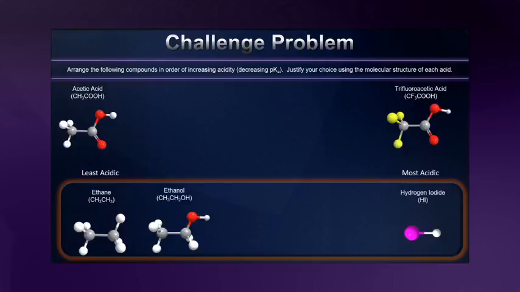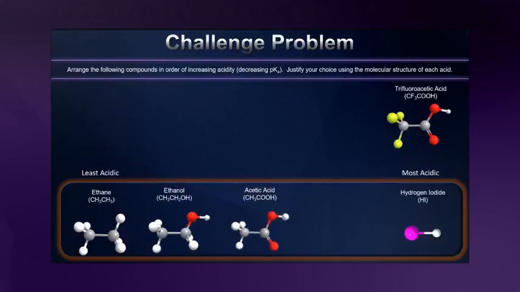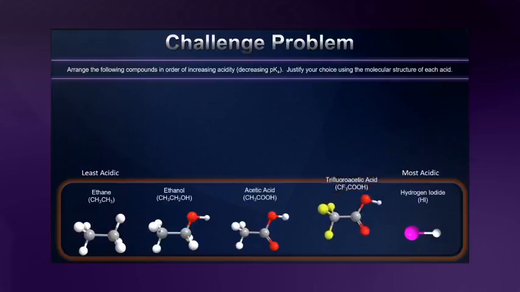Well, what makes the difference here is these fluorine atoms being very, very electronegative, which means they are going to pull electron density away from the acidic side of trifluoroacetic acid, creating a larger, stronger dipole within the molecule, which means that it's more likely to lose this proton in an attempt to mitigate some of that positive charge that's already building up as a result of the fluorines. What that means is that acetic acid will be our 3rd weakest acid, and TFA will be second only to hydrogen iodide in acid strength.